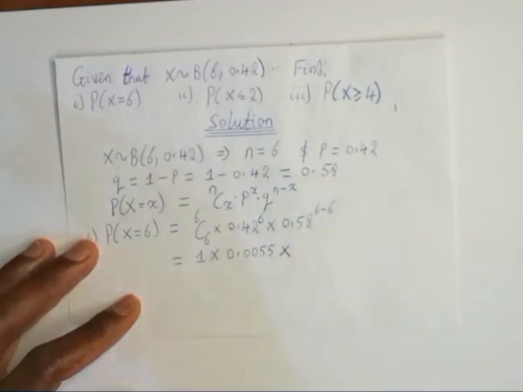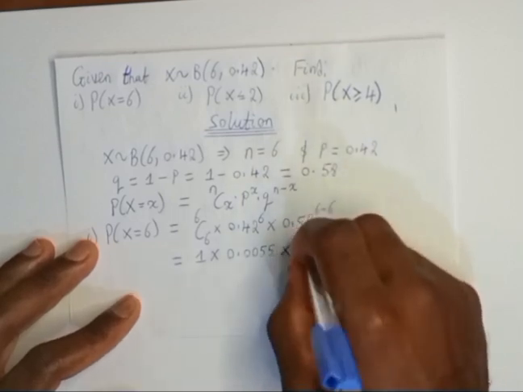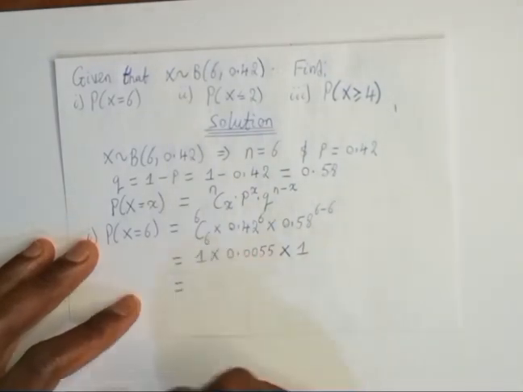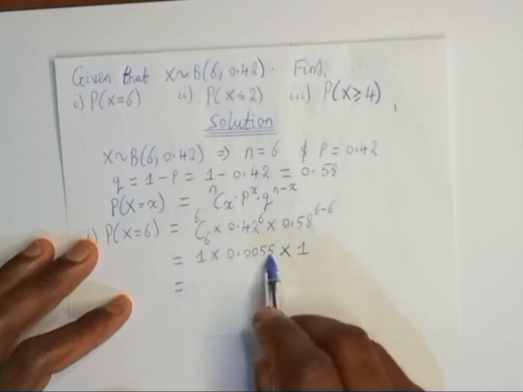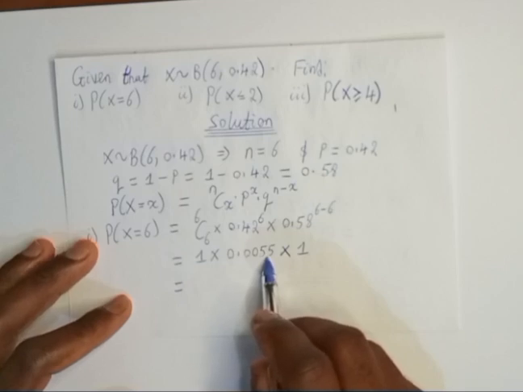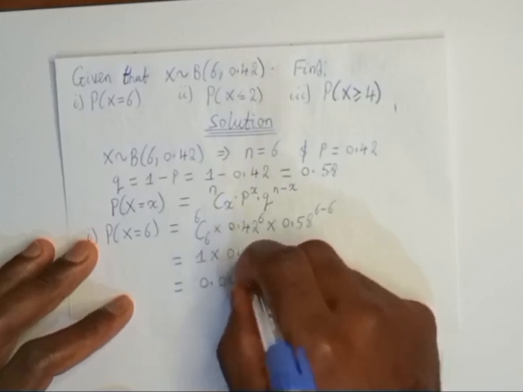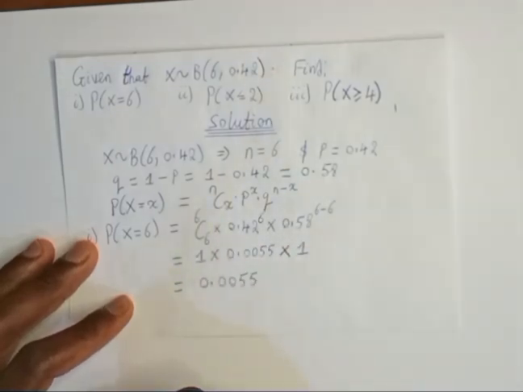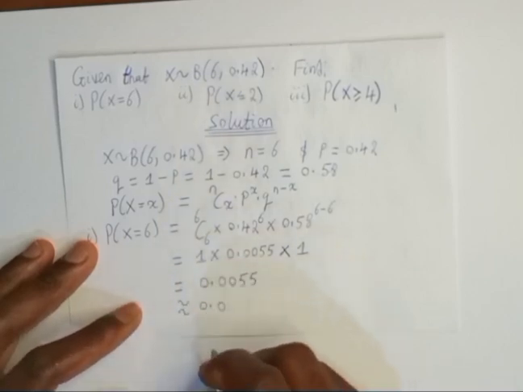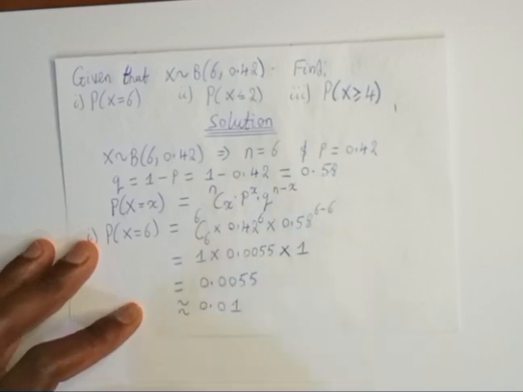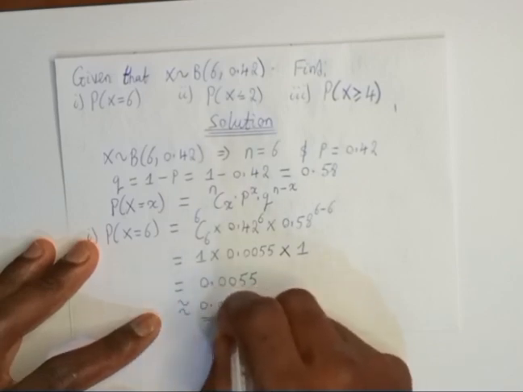Remember, 6 minus 6 gives 0. 0.58 raised to the power 0 gives us 1. This will simply be equal to 1 times 0.0055 times 1. The answer will be 0.0055, which is approximately 0.01 to 2 decimal places.